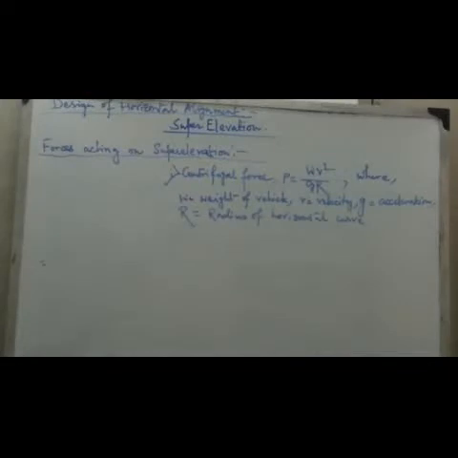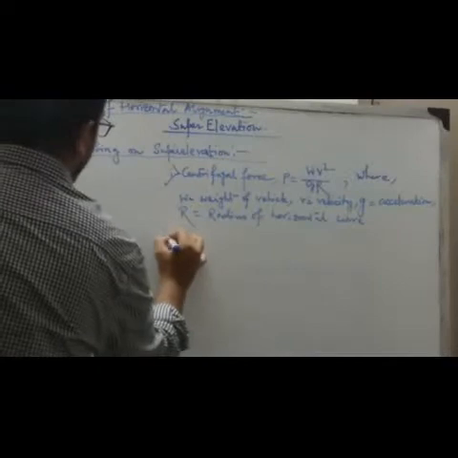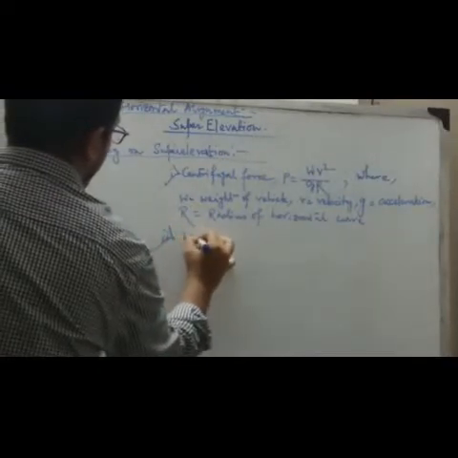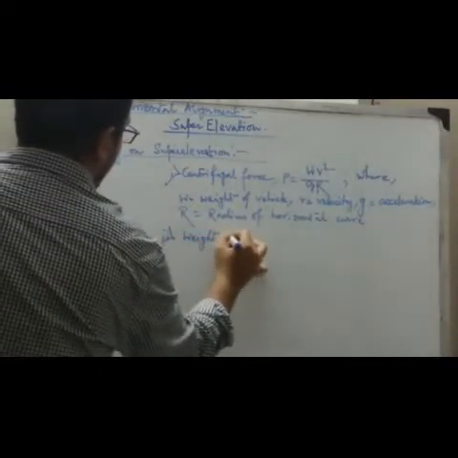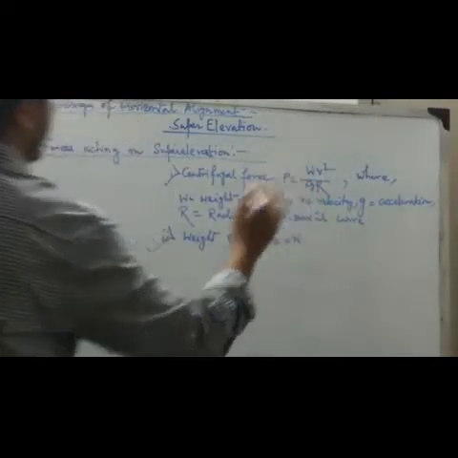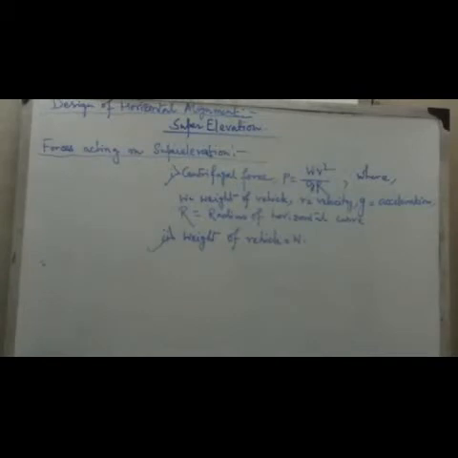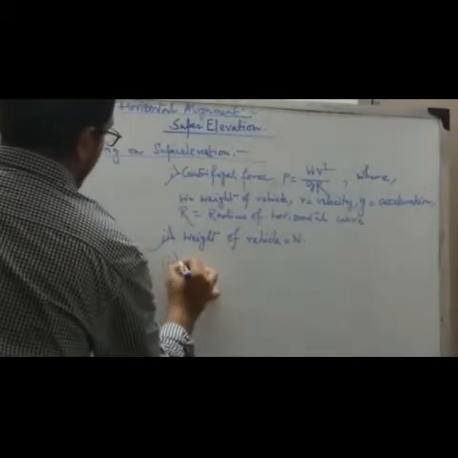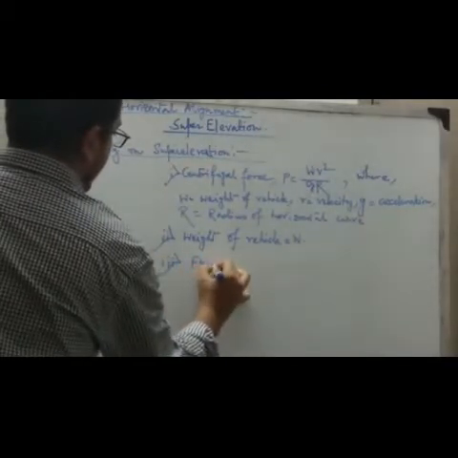So this is centrifugal force, and the next force which is acting on the vehicle is the weight of the vehicle, denoted by W. You can write down weight of vehicle, which is denoted by W. And the third thing is the frictional force.